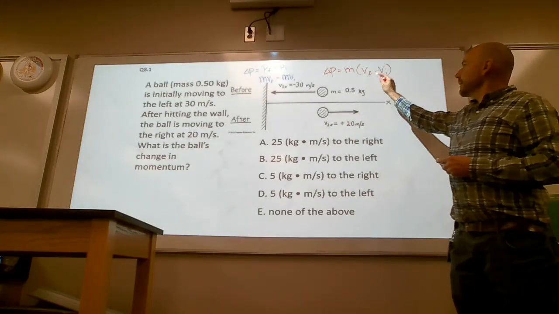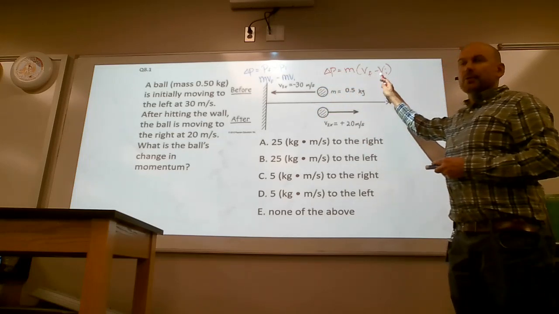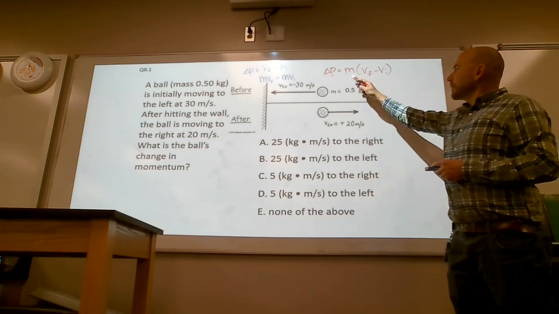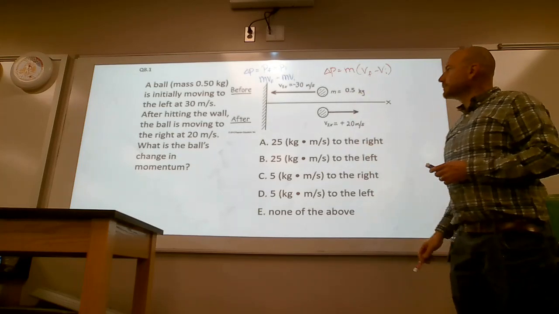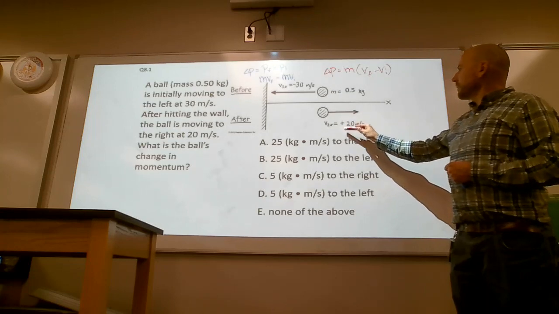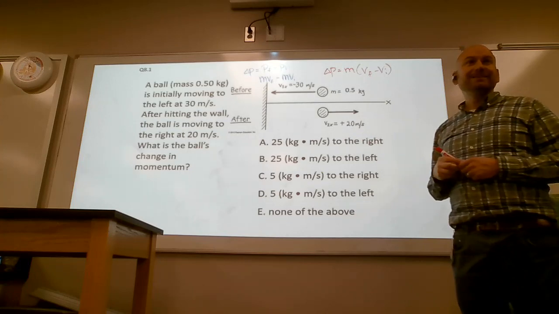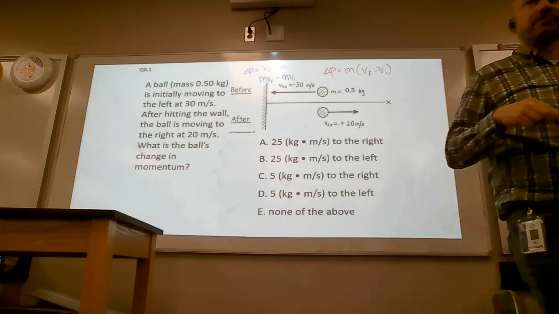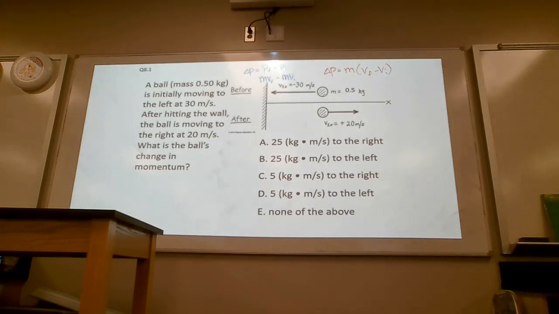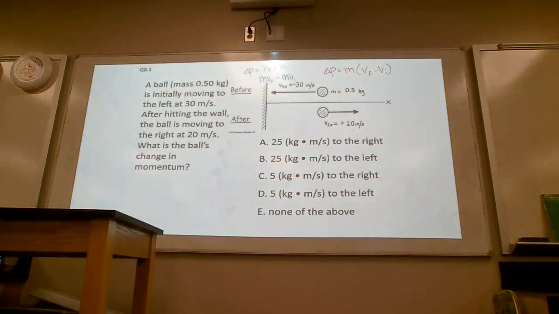Positive 20 meters a second minus a negative 30 meters a second gives you a positive 50, times 0.5 gives you a positive 25. Here, positive is to the right. Okay. Good with that? Direction is essential. Okay.